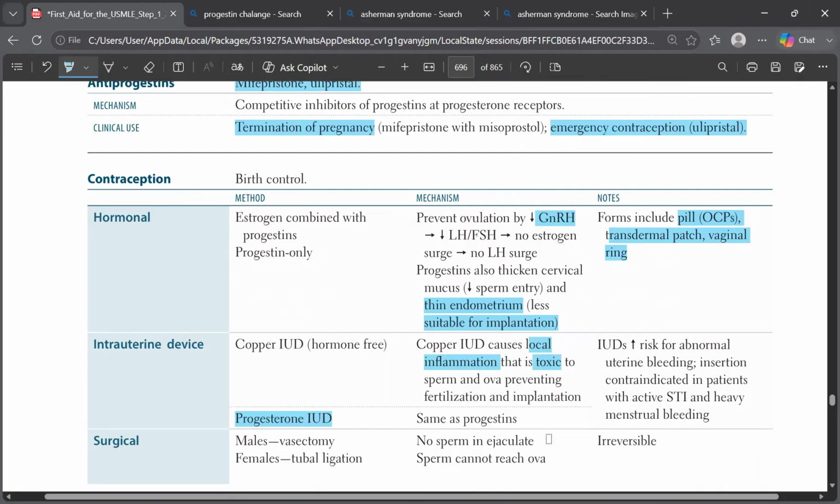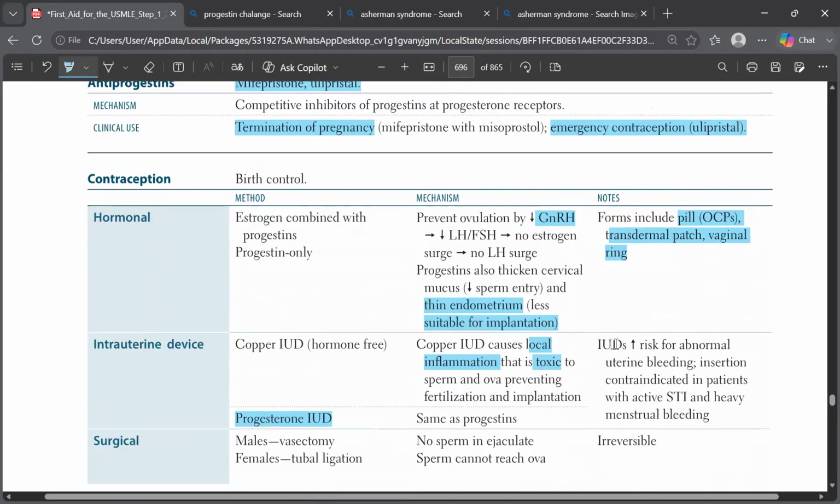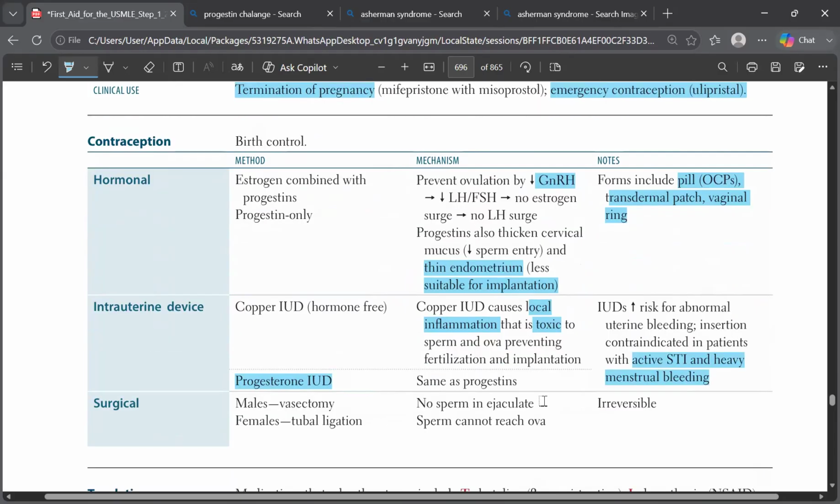Progesterone IUD acts the same as progestin, which binds to the progesterone receptor and decreases the growth, increases the vascularization, and thickens the cervical mucus. IUDs increase the risk for abnormal uterine bleeding, and insertion is contraindicated in patients with active sexually transmitted infection and heavy menstrual bleeding.